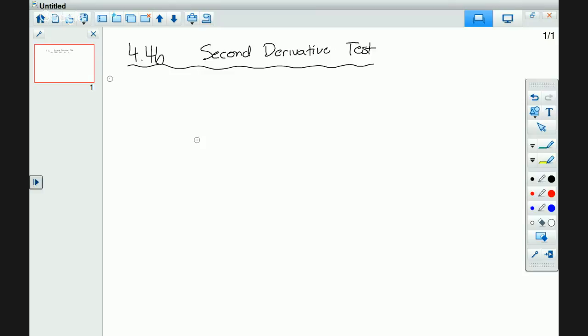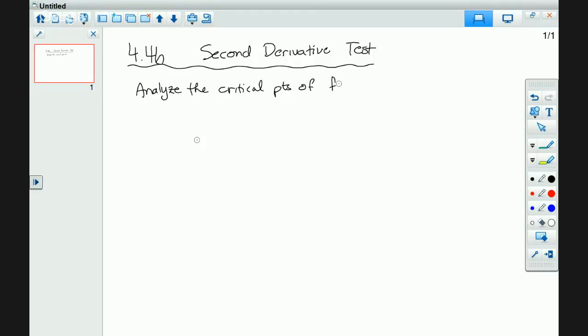Okay, so looking back to 4.3, this was something that you had in front of you. We're going to analyze the critical points of this function.